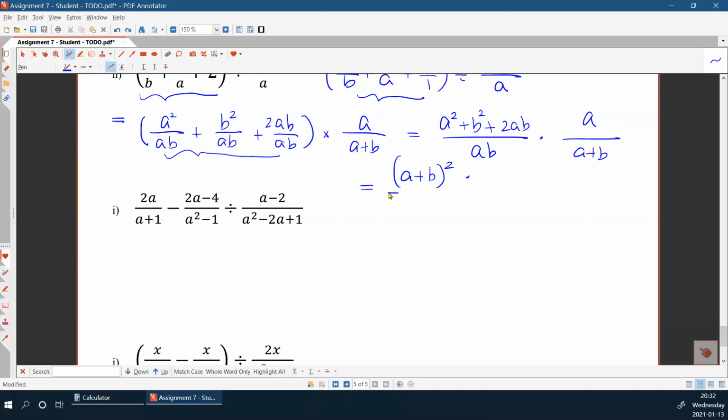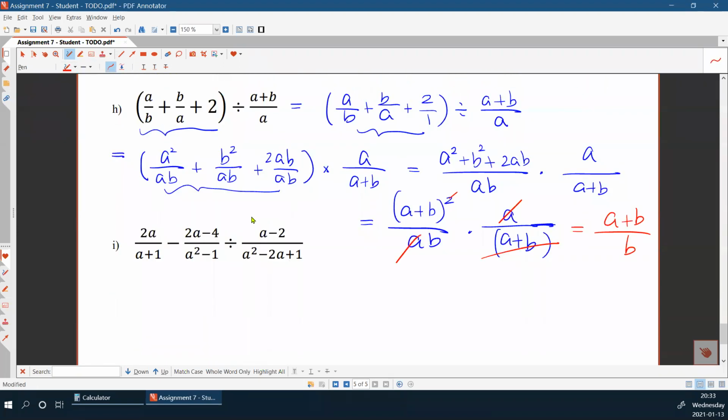Let's write this term first, and this one times A over A plus B. Actually, it doesn't matter if you put brackets here, you can see A plus B as a whole. So now we can cancel an A here, and then an A plus B with this one, which leaves us A plus B over B, right? Any questions?